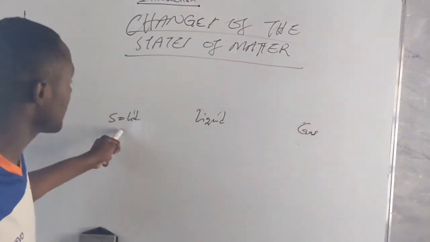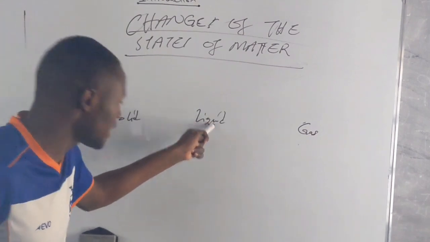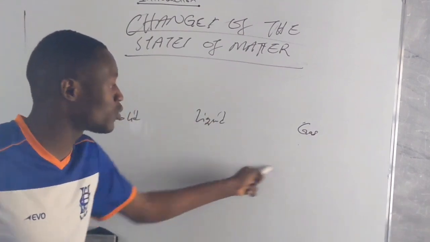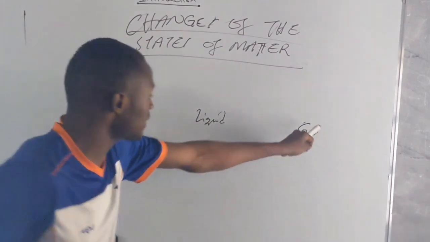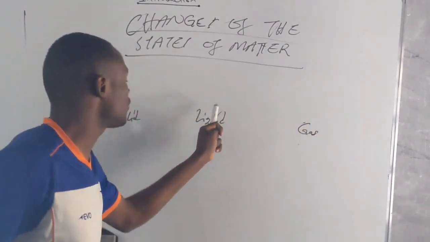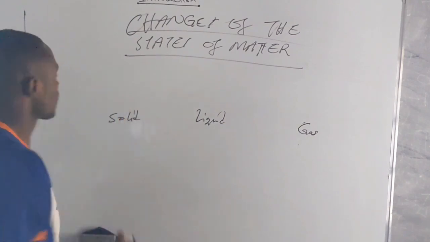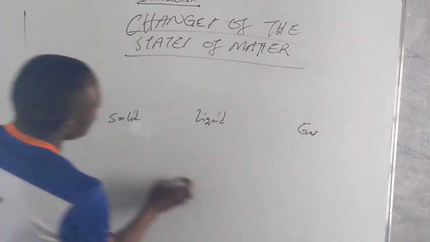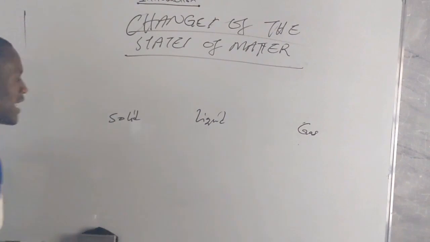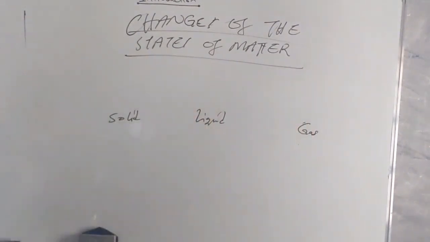This solid can change from its solid state to liquid state. Then the liquid can change from its liquid state to gaseous state. This gas can change from being a gas to a liquid, from liquid back to solid. Or the solid can change directly to gas, then the gas can change directly to the solid.